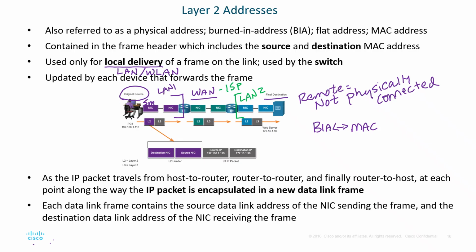Okay? But would you also agree that this source or destination is no way connected to this route? It is remote. And would you agree that this PC is not connected to that route? It is remote. If information is remote, then it has to go to my router.